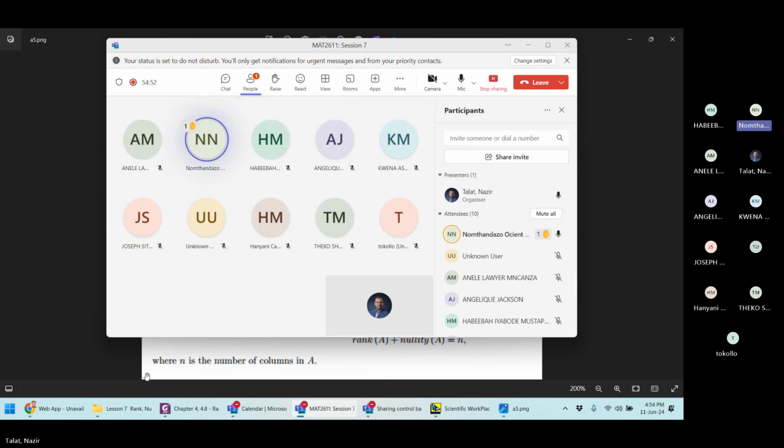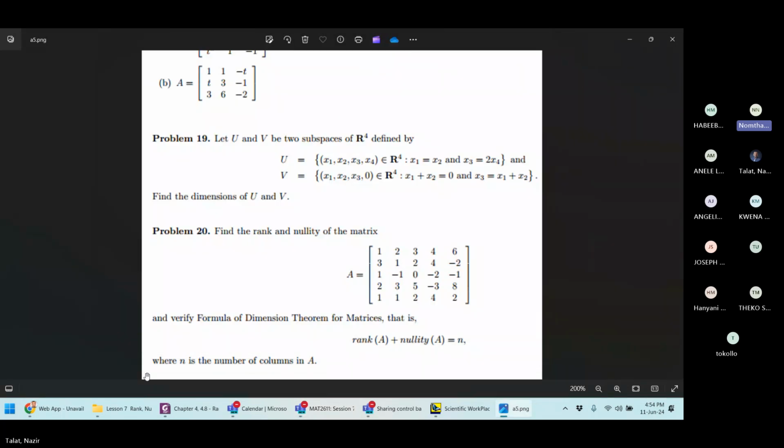Okay, on problem 20, is it necessary to reduce to reduced row echelon form, or is it fine if you leave it in row echelon form? Yes, good question. If it's in echelon form, that is sufficient. If you apply more effort to reach the reduced echelon form, then it becomes nicer, but echelon form and reduced echelon form are both important. If you stop at echelon form, it's still sufficient.